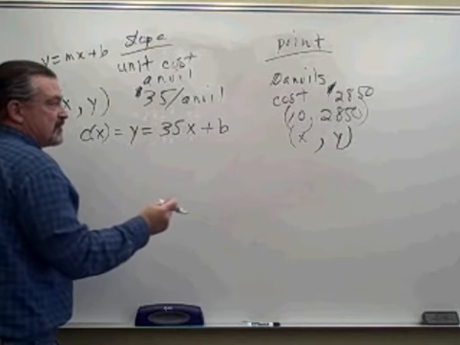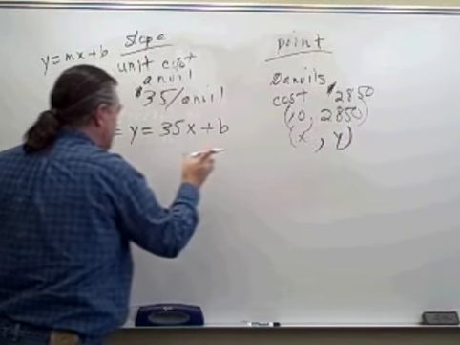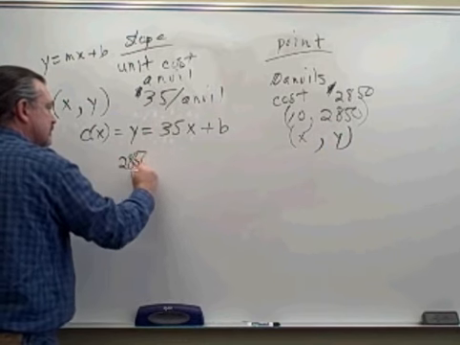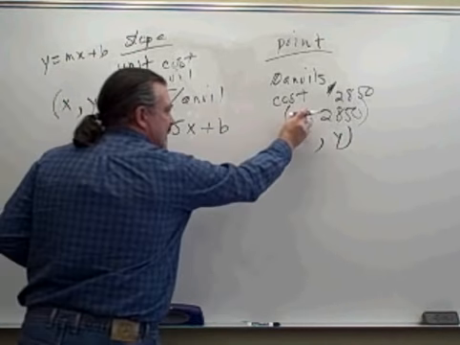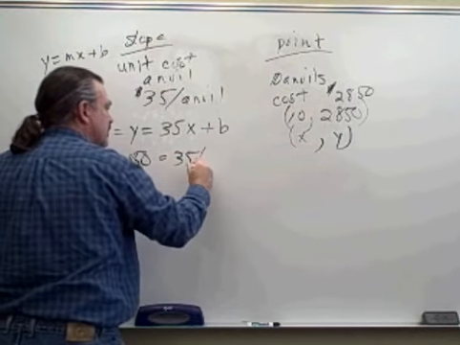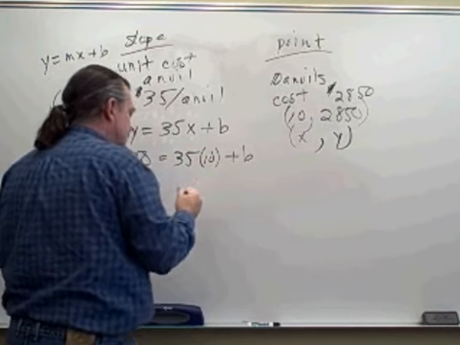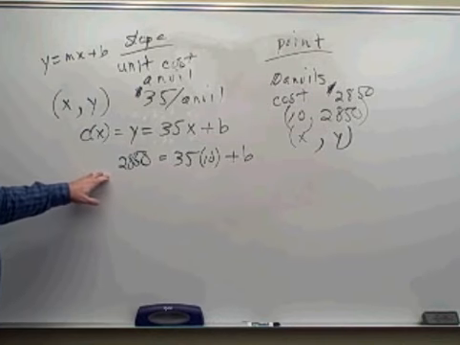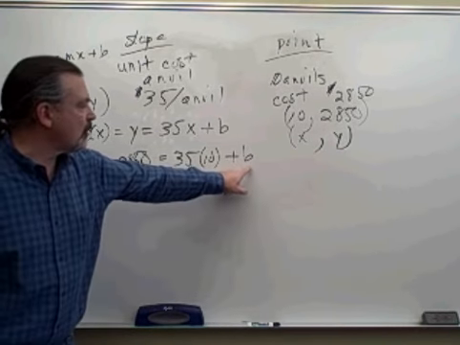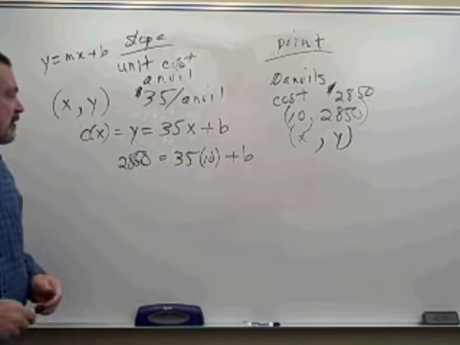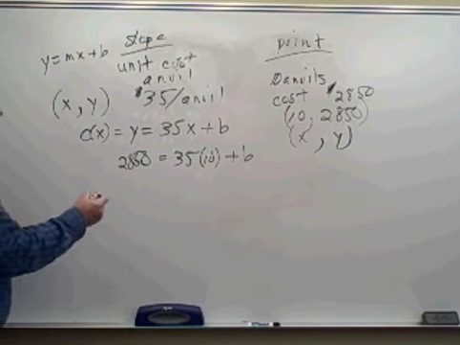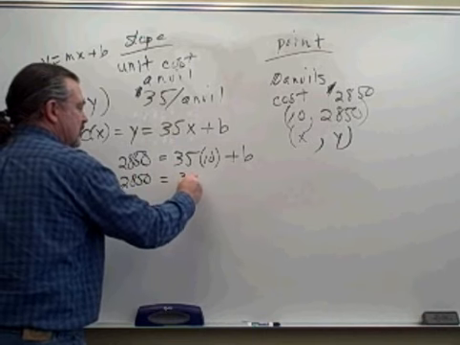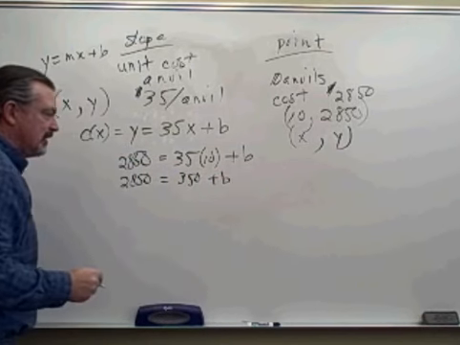So what I can do is I can take this y value of 2850 and put it in place of y here. I can take the x value of 10, put it here, and that produces an equation that only has b that I can now solve. 2850 equals 350 plus b.